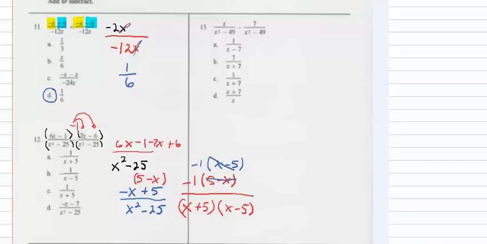So I'm not using this anymore, I'm using this one, cancel this one and this one. And at the top of my fraction, I have a negative 1. And at the bottom, I have an x plus 5. And so, is there an answer that has a negative 1 over x plus 5? And it looks like number 12 is going to be letter A.